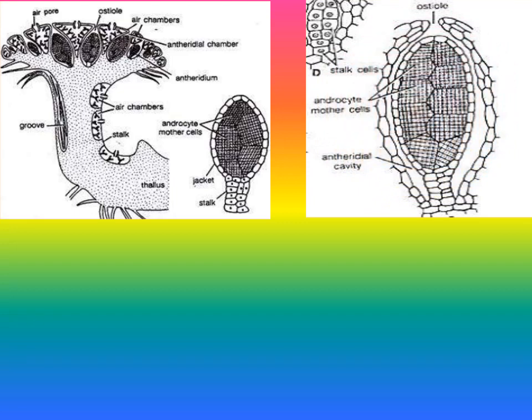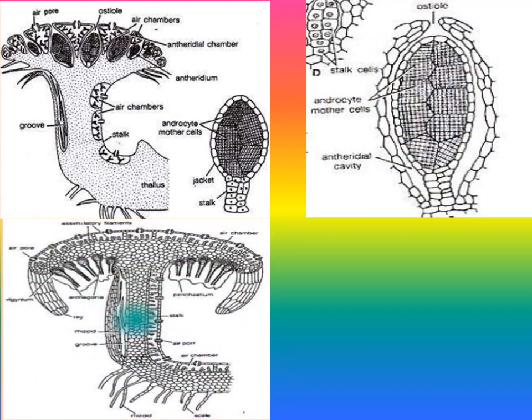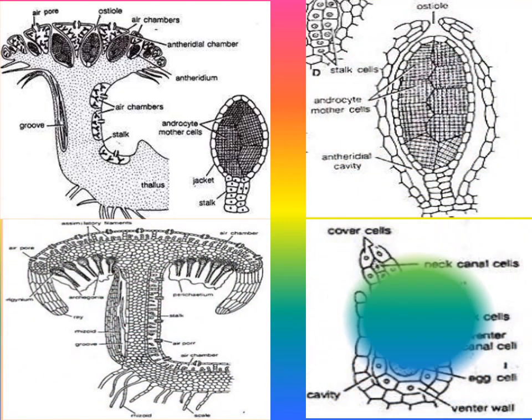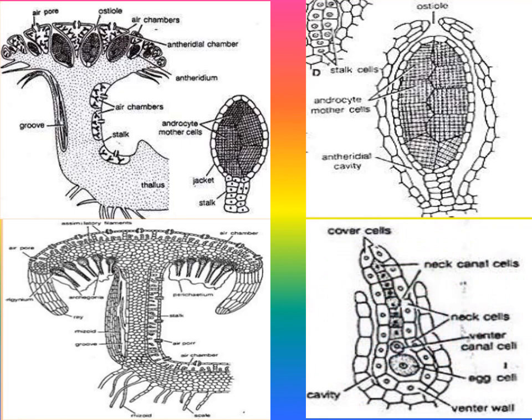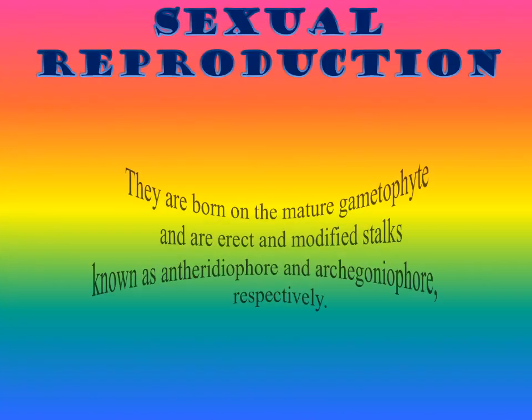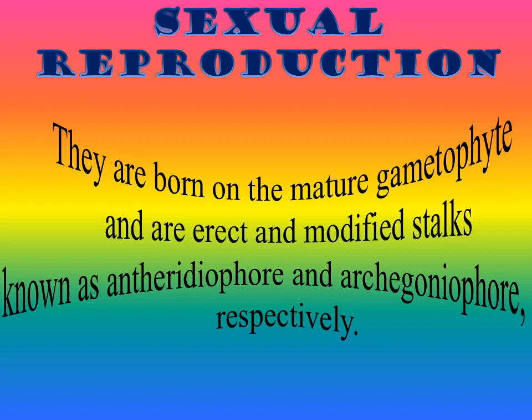This is antheridia and this one is archegonia, and archegonia is flask-shaped. They are borne on the mature gametophyte on erect, modified stalks known as antheridiophore and archegoniophore respectively.